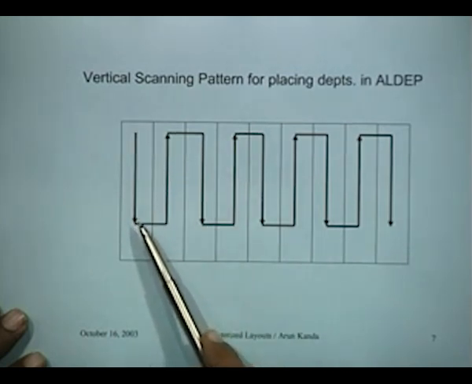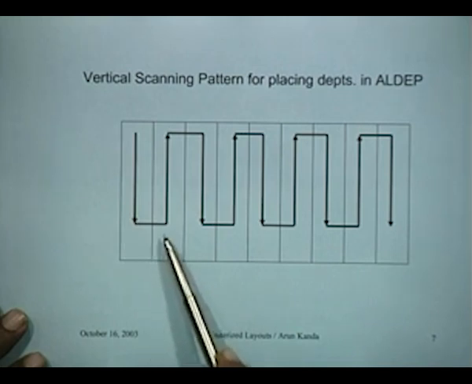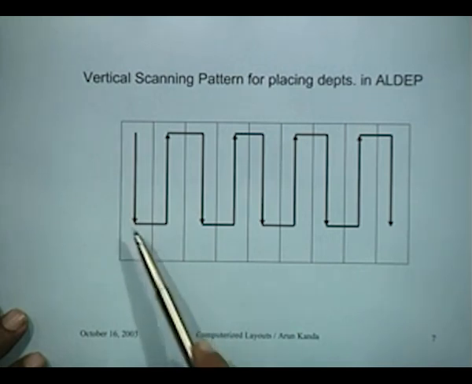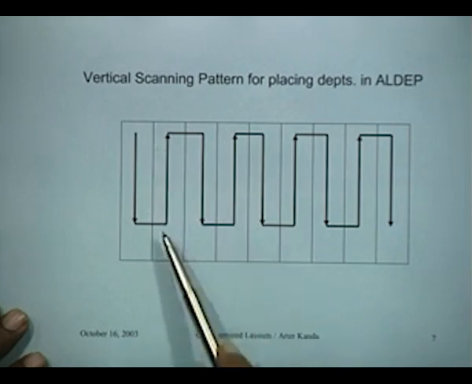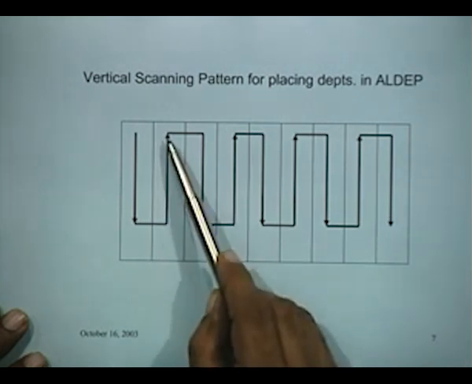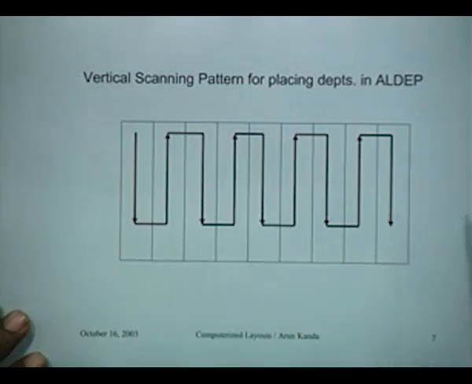You know the area of the department, so you can find out what length of the tape you need to represent the area. Then once you come to the end, you can start putting the tape in this direction and in this direction, following this scheme. So this will give you a manner by which you generate the layouts.